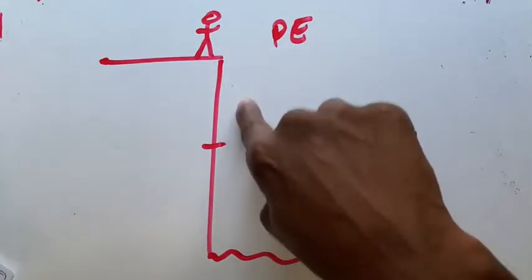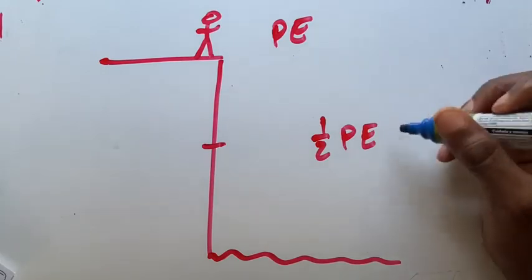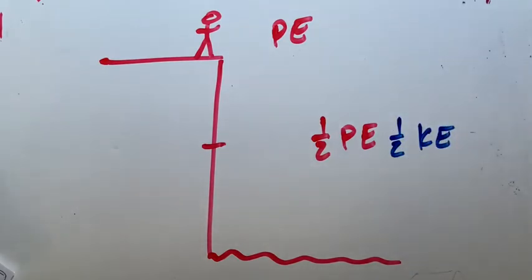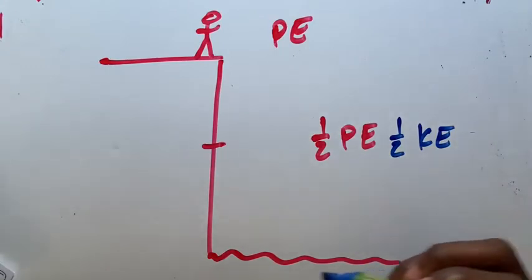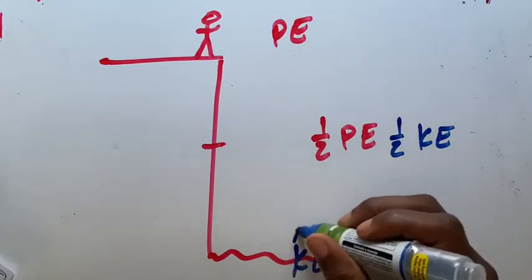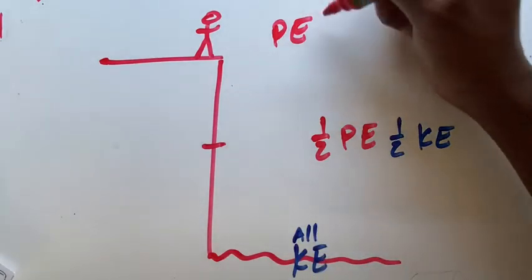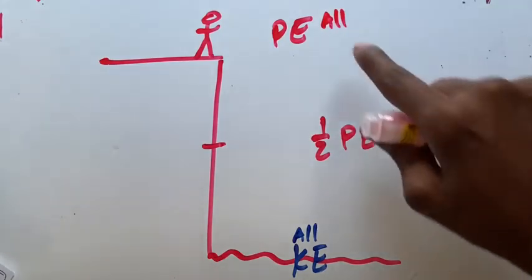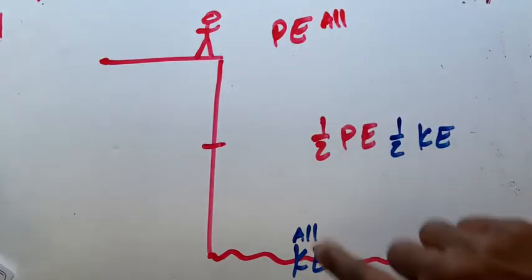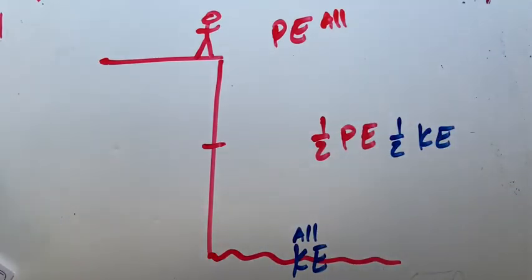And since he's falling with some velocity at this point, he's also going to have half his kinetic energy. And then once he reaches the bottom, it's going to be all kinetic energy. So up here, it's all potential energy at the top, all kinetic energy at the bottom, and in between, it's going to be half and half of both.